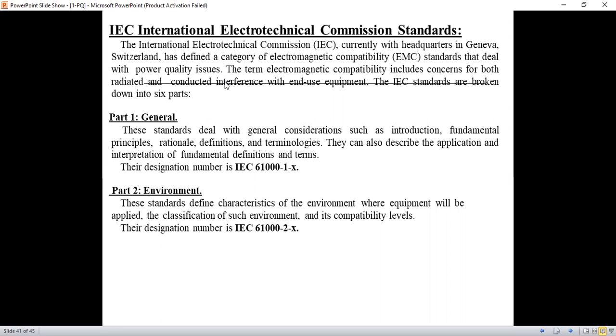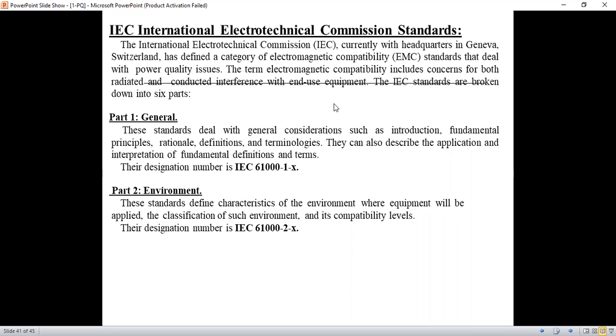The term electromagnetic compatibility includes concerns for both radiated and conducted interference with end-use equipment.